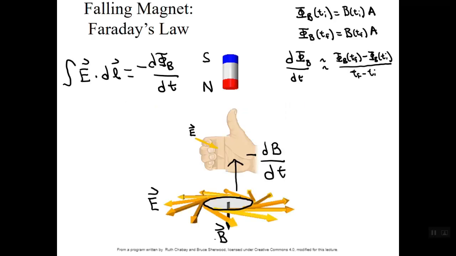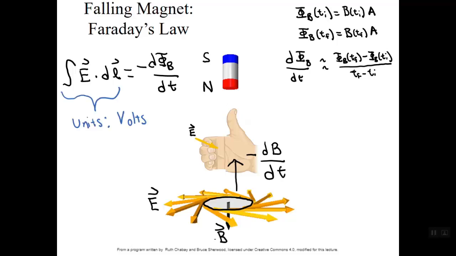In an earlier lecture, we introduced Faraday's law, which tells us that a curly E field around a closed path is produced by a time-changing magnetic flux through a surface bounded by the closed path. Now, the left-hand side of Faraday's law, the integral of the scalar product of vector E with tiny displacements dl, looks familiar to us.